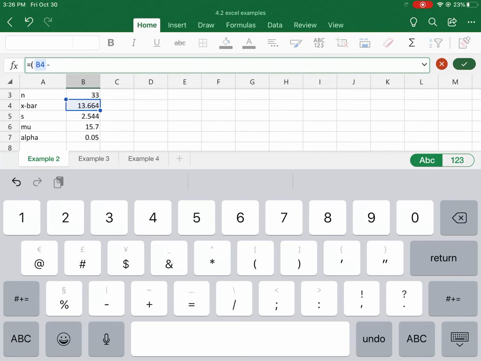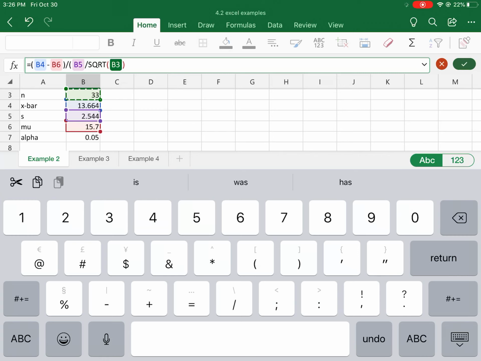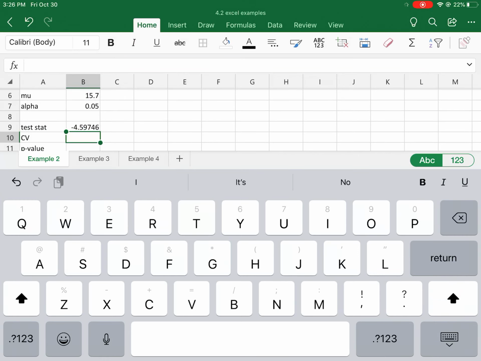Okay, so it's my x bar minus my mu, close the parentheses, divided by parenthesis, my sample standard deviation divided by the square root of my sample size, and now I'm going to close those parentheses and hit enter.